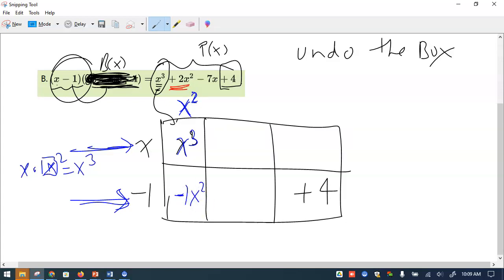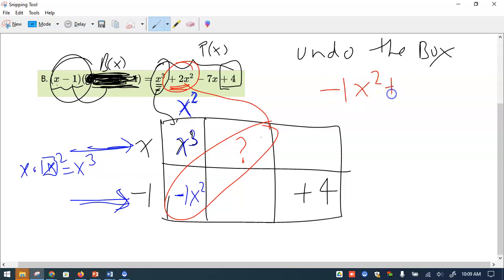Okay. Next I want to make a diagonal. So this is, remember the last time I showed. So I need to know what should be here so that together it should be plus 2x squared. So it's like saying, okay, minus x squared plus what's in the box together is this 2x squared. And clearly it has to be, because you want plus 2 here, so you better write plus 2, and you can use your common sense.